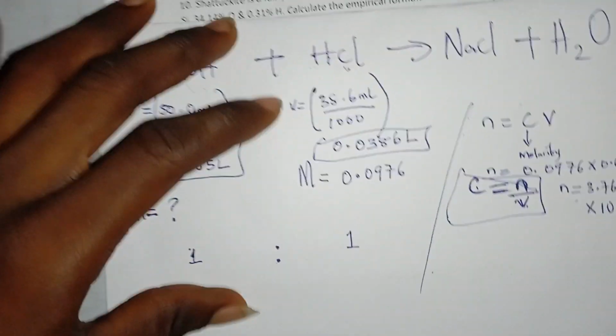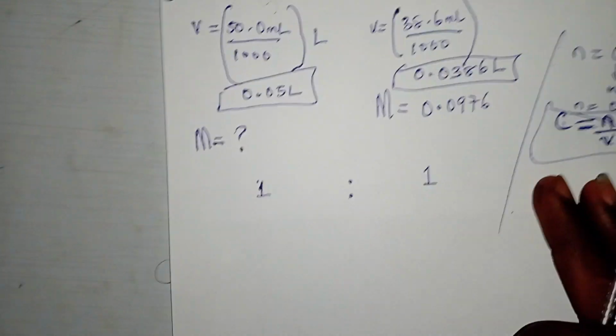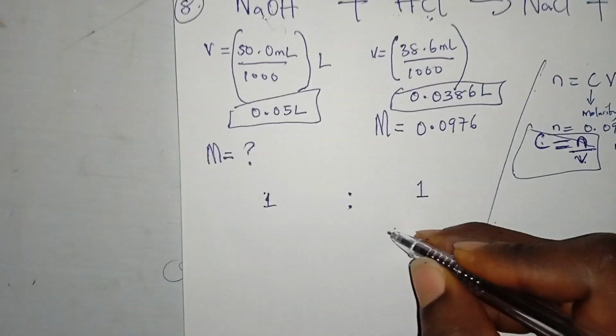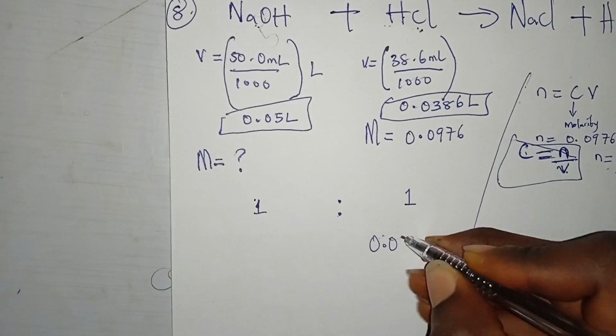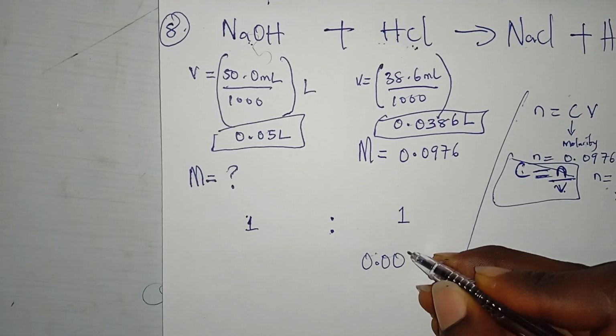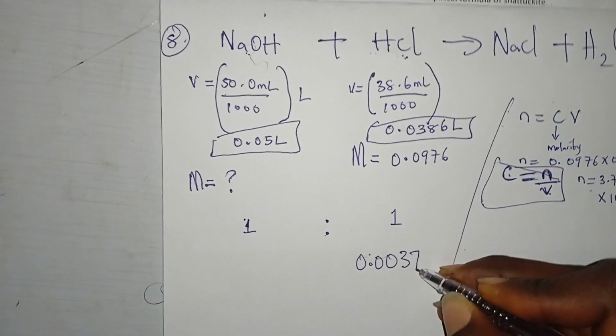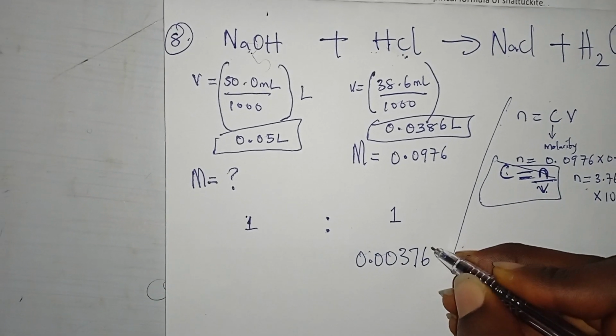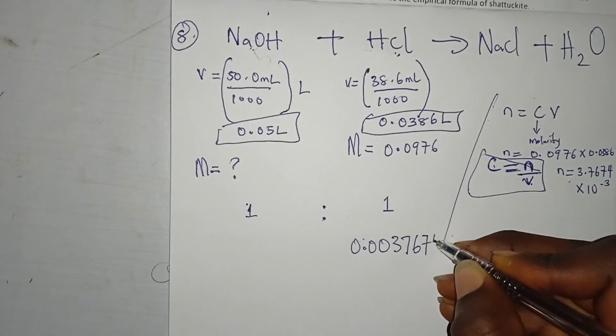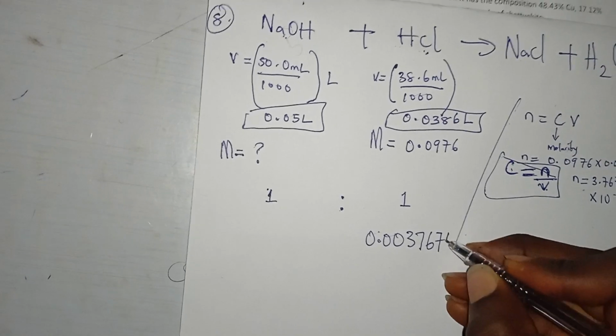So if I know that, that means that the given mole here is something like 0.0037674.